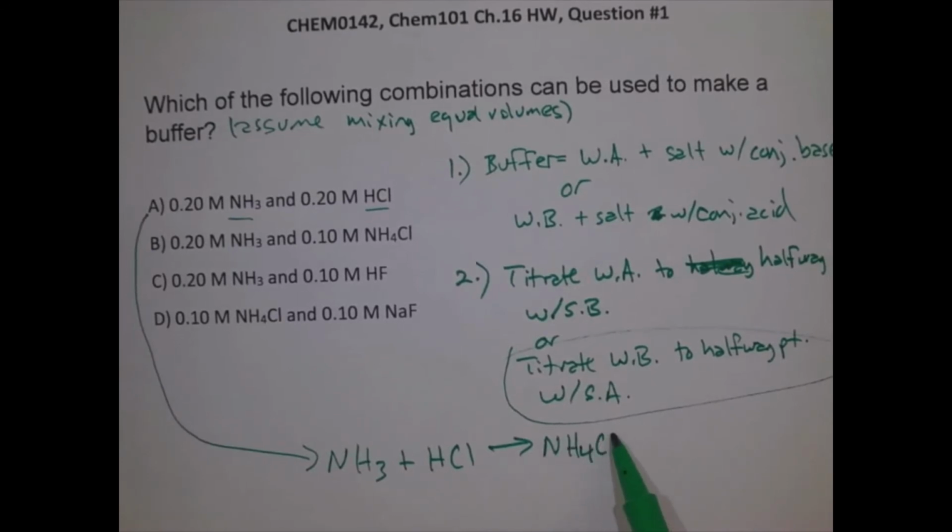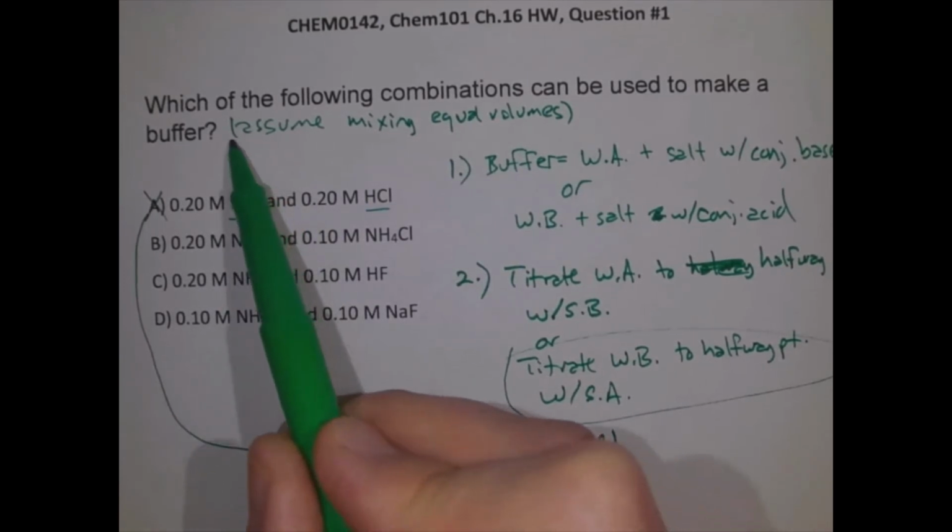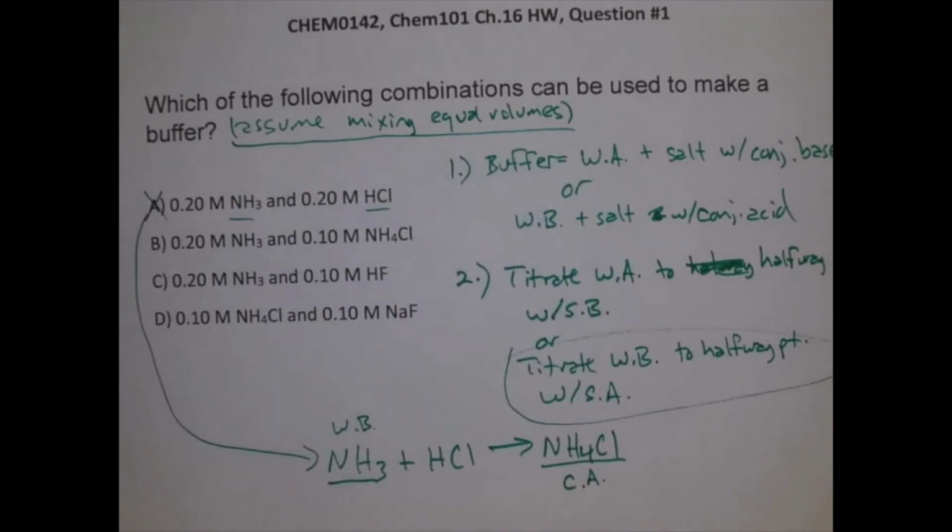If we do that, we've converted all of that ammonia into ammonium chloride. Where we did have the weak base, now all we have is the conjugate acid of that weak base. That's not really going to make a buffer, because we need a mixture of weak base and its conjugate acid, and this completely converts the weak base into its conjugate acid. Again, that's because we have to assume that we're mixing equal volumes.